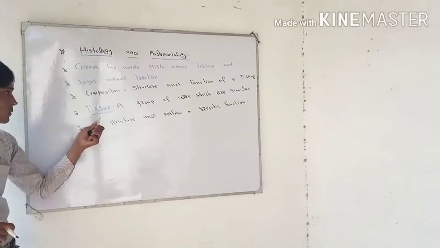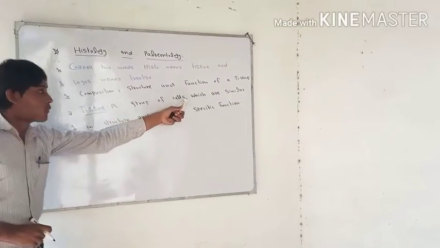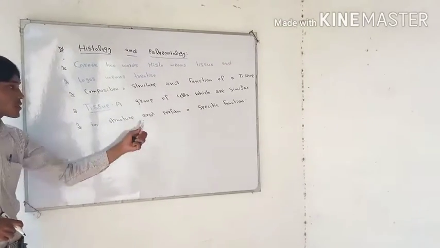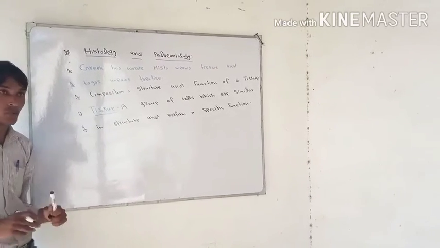What is tissue? A group of cells which are similar in structure and perform a specific function is called tissue.